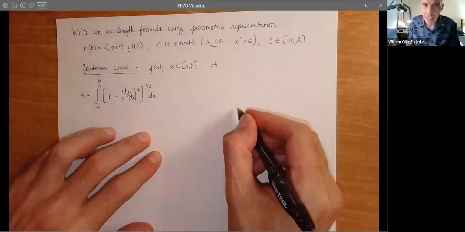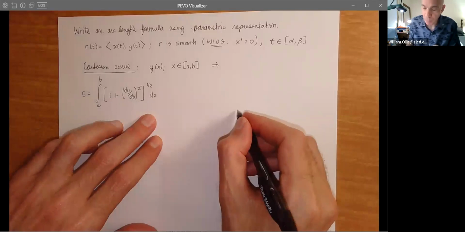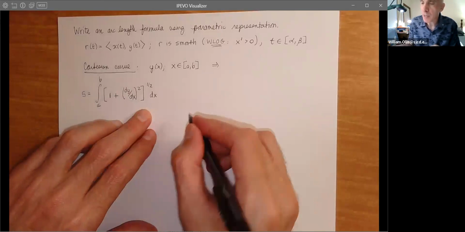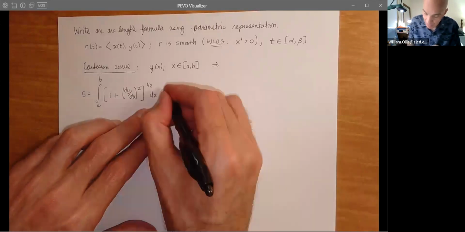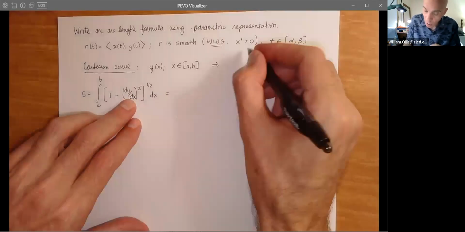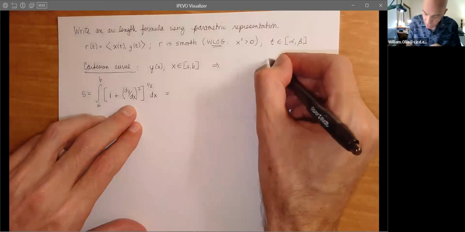Now, again, this is where the theorem about the Cartesian derivative in terms of the parametric is extremely important. So now we can go ahead and fill all of this in. So now this dy dx, just recall, that's just going to be y prime over x prime.